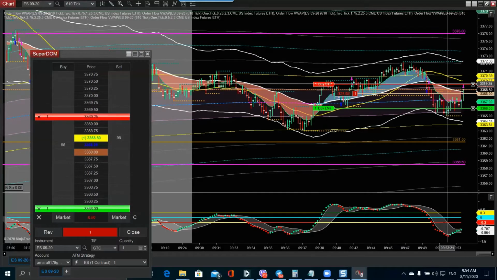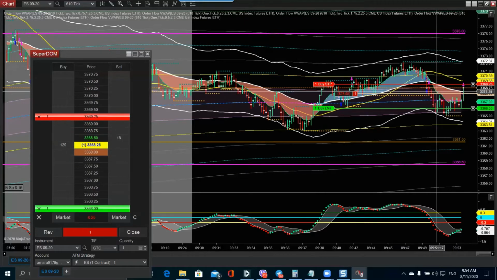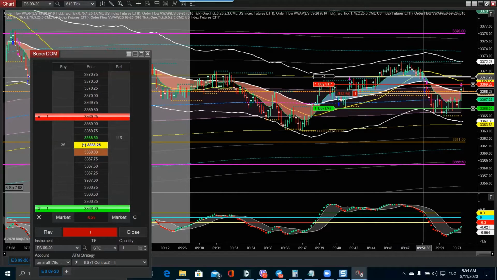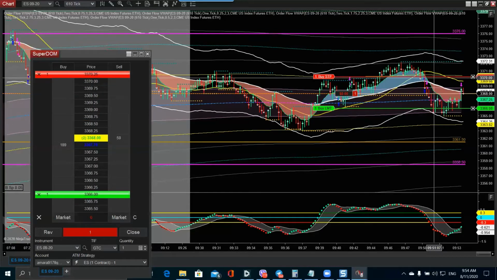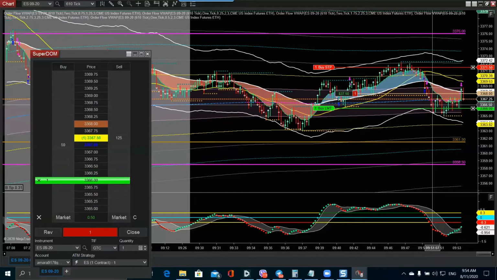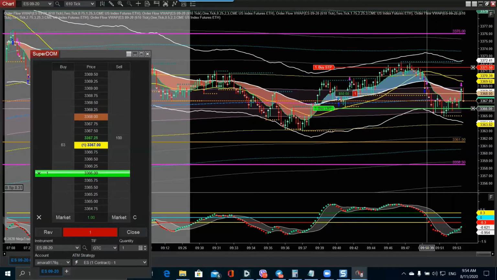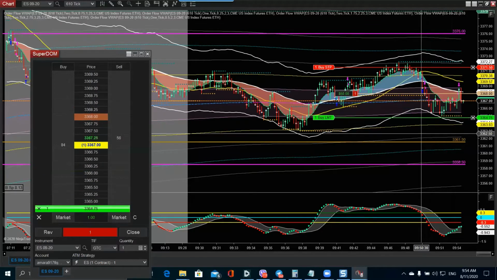And I don't want to get, you know what? If we get stopped out here, most likely it's going to hit this fill line. Let me put this up here. If I should just close it down, I will. Most likely this is going to get down to here. 66, 65.